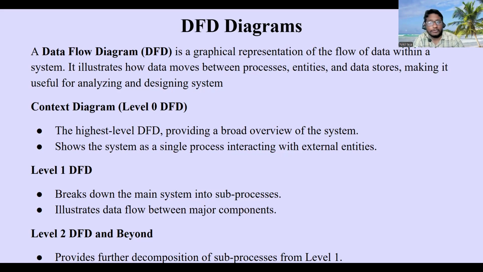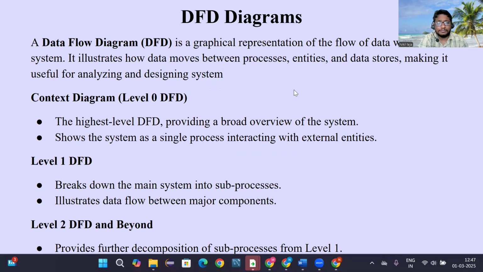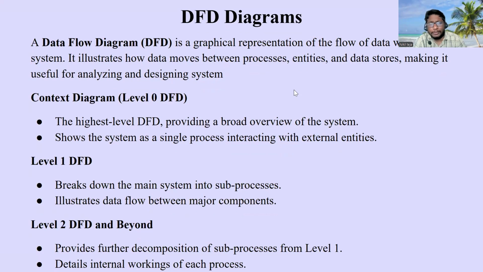As a business analyst, we'll be creating context diagrams, that is level zero diagrams, and level one diagrams. Level 2 diagrams will be built by solution architects, system architects, or technical architects. We don't need to explicitly concentrate on level 2, but let's concentrate on level 0 and level 1.